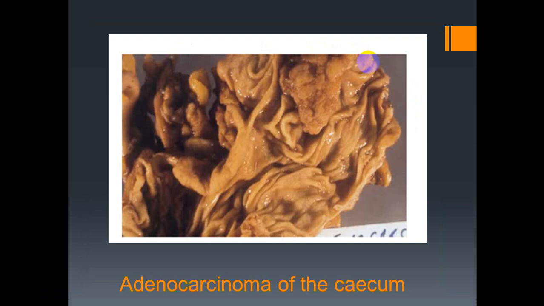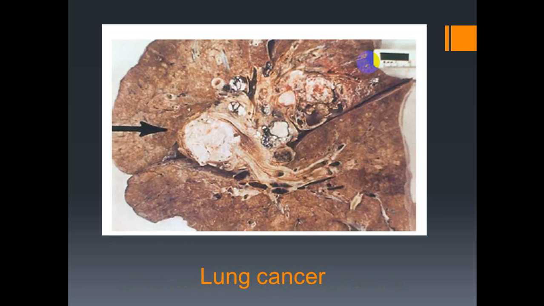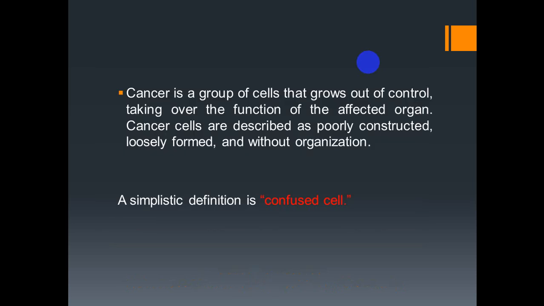Those are some pictures showing us types of cancer: adenocarcinoma of the rectum and lung cancer. Cancer is a group of cells that grows out of control, taking over the function of the affected organ. Cancer cells are described as poorly constructed, loosely formed, and without organization.